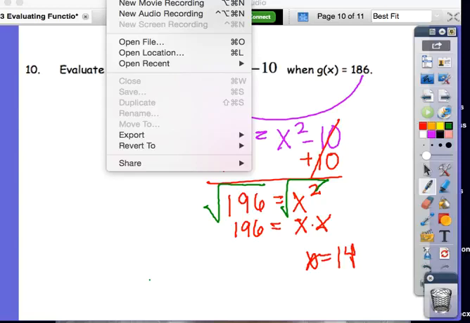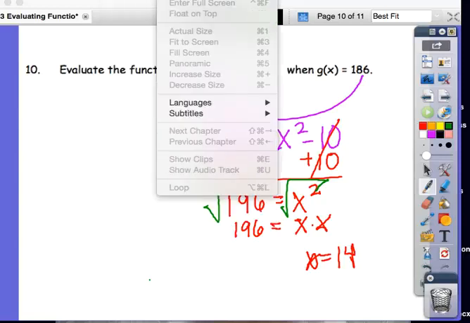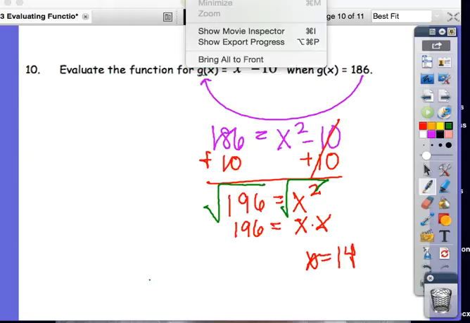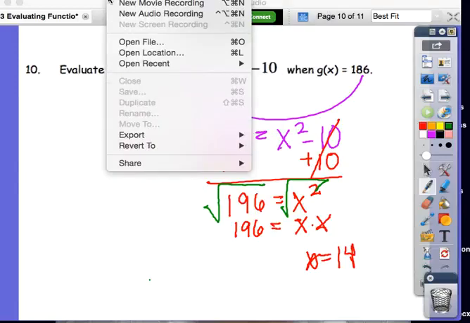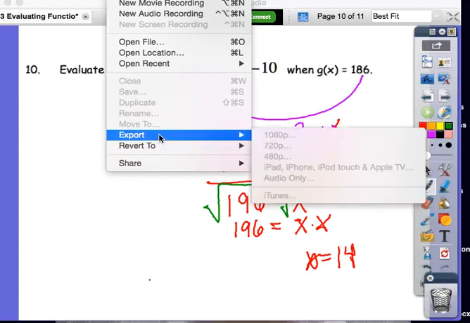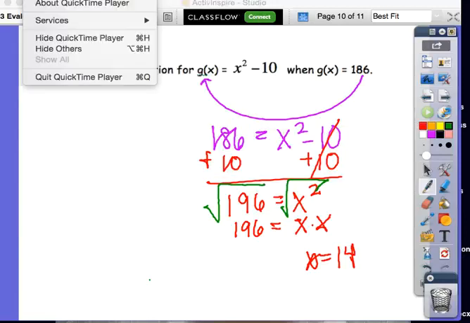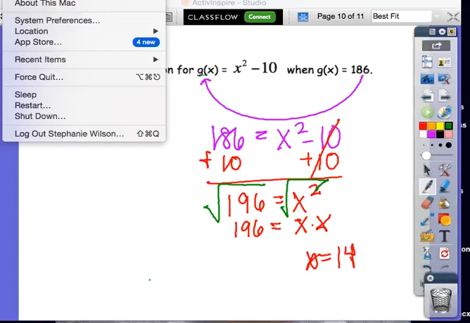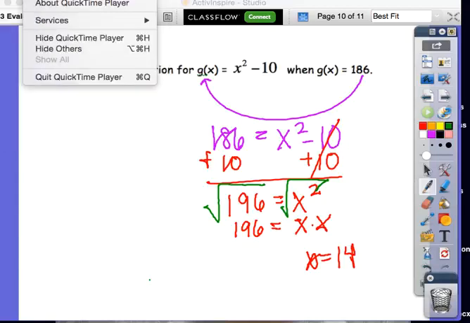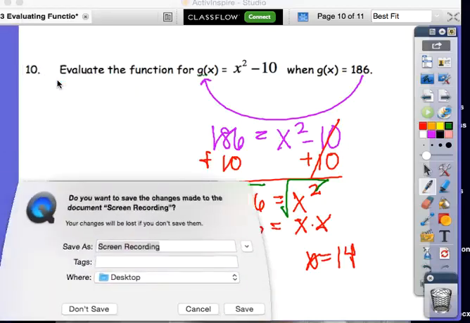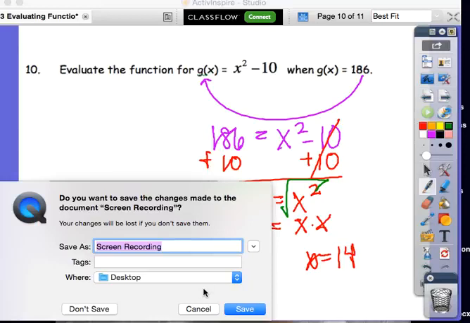Maybe it wasn't recording. No, I know it's recording because I hit start. What is this?